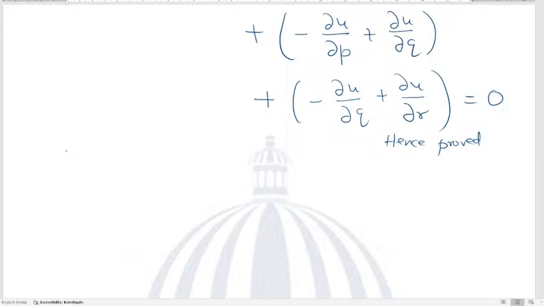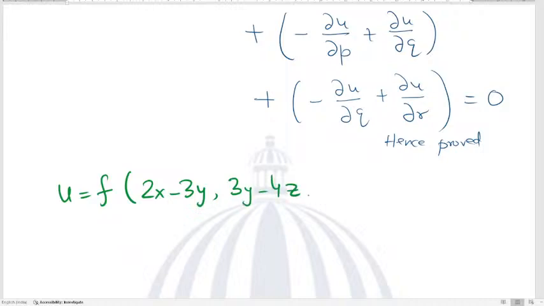Let's say u is equal to f of 2x minus 3y, and then 3y minus 4z, and then 4z minus 2x.